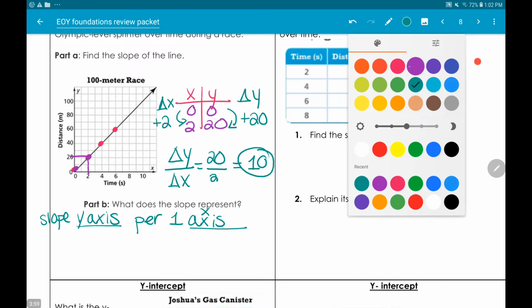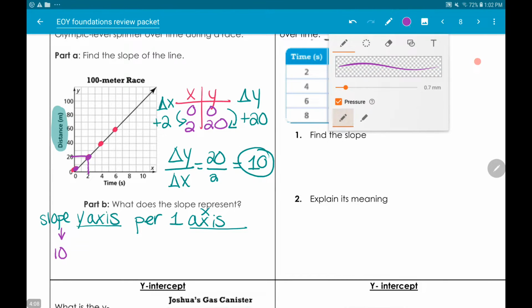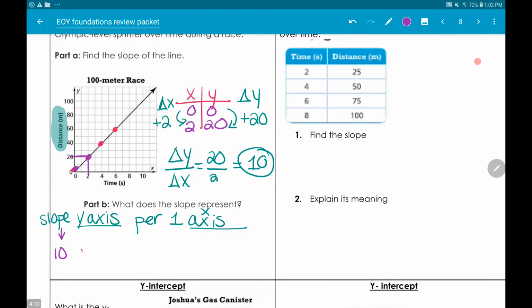Okay, so what I mean by that is, what is the slope? 10. What is on the y-axis? So when I look at my units on the y-axis, it says the distance in meters. 10 distance in meters per 1 x-axis, time in seconds.